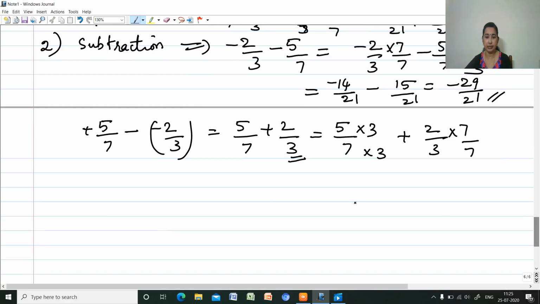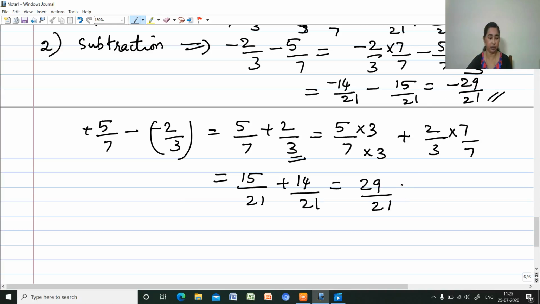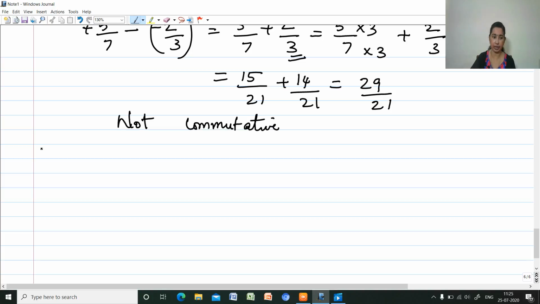So you will be getting 15 by 21 plus 14 by 21, and that is equal to 29 by 21. The other one I got as minus 29 by 21. Both are different answers. So this means that subtraction is not commutative. If the answers are different, then we can say that it is not commutative. So subtraction is not commutative for rational numbers.